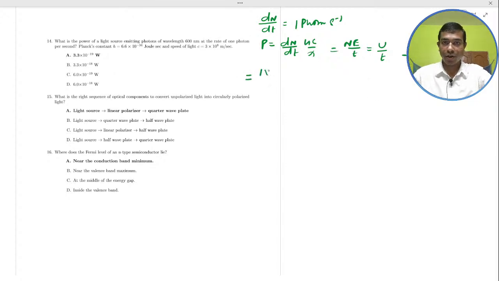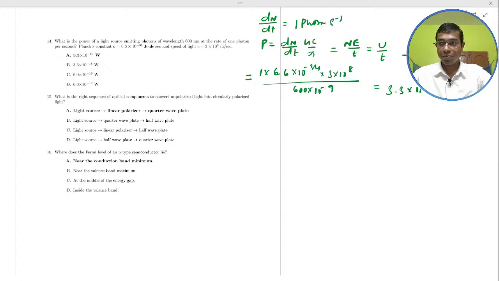This is equal to 1 into 6.6 into 10 to the power minus 34 into 3 into 10 to the power 8 divided by 600 nanometer, 10 to the power minus 9. So this will become 3.3 into 10 to the power minus 19 watt. Option A would be the correct.